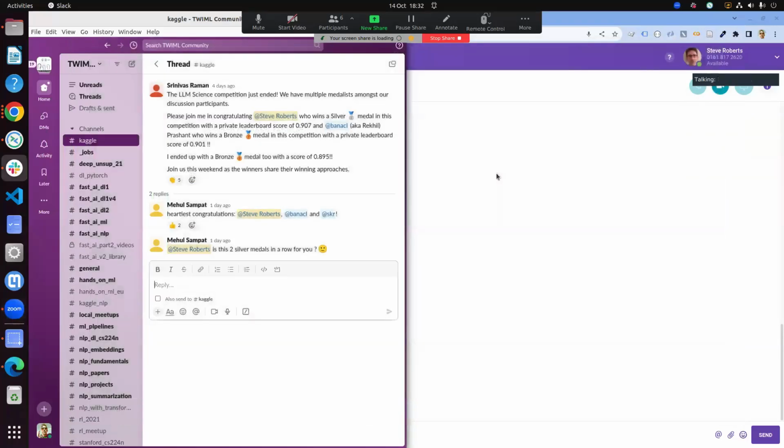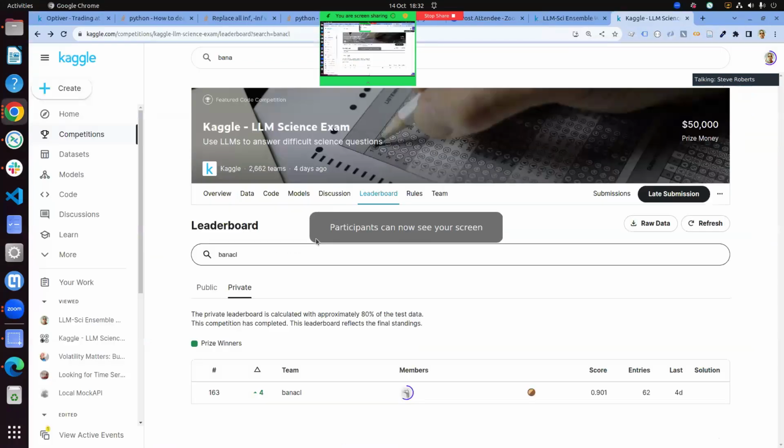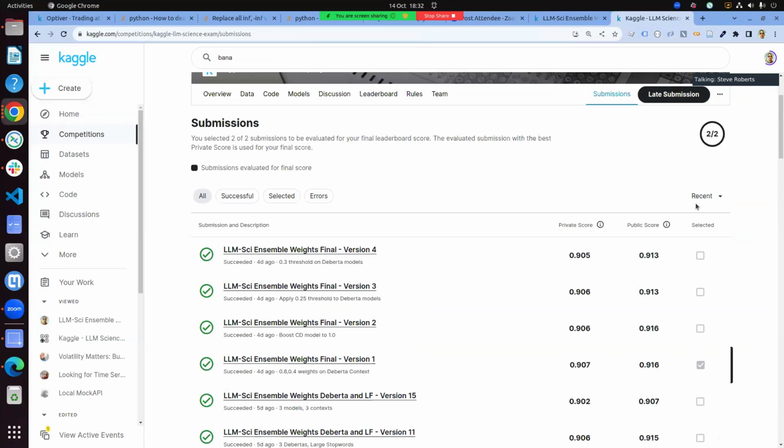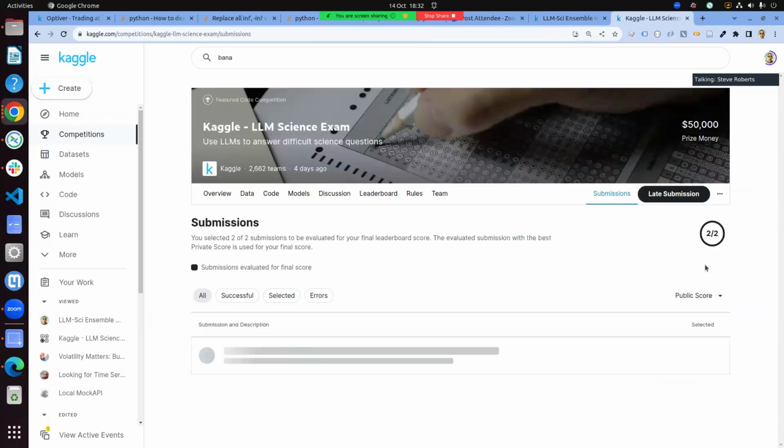One useful thing is when you score your own notebooks, I'll just share my screen again here. You can sort them by your score. For example, in my submissions, you can go here and sort them by public score.